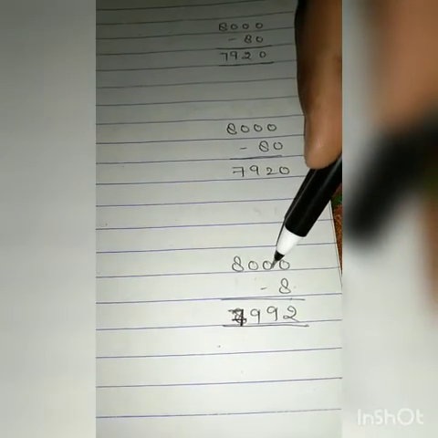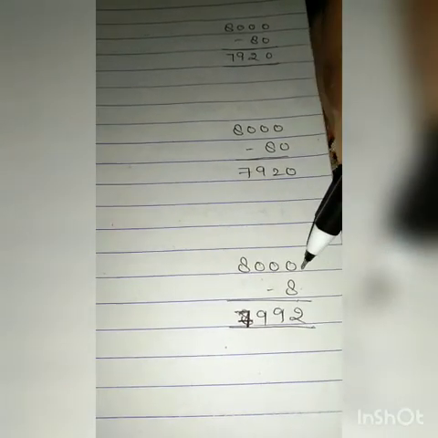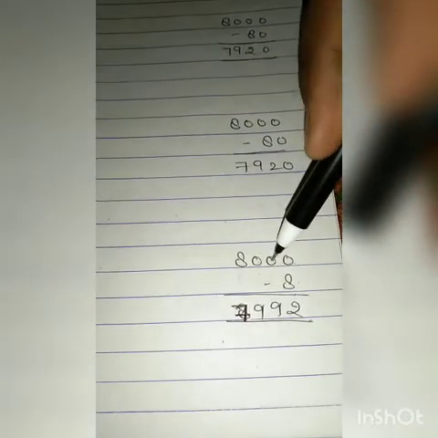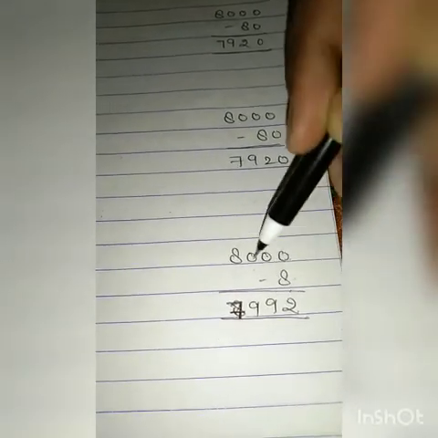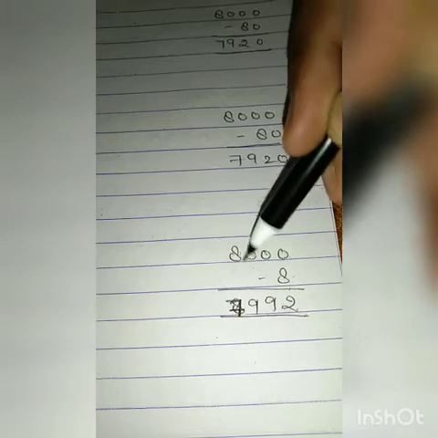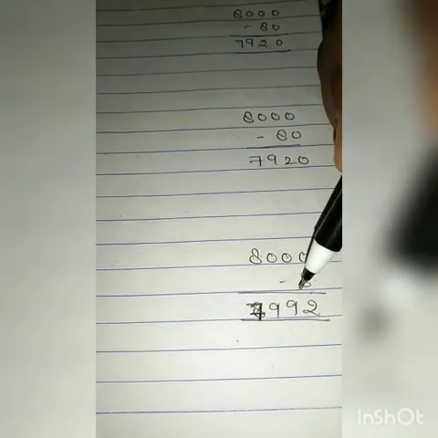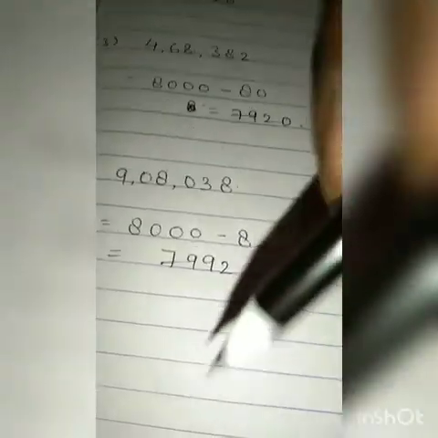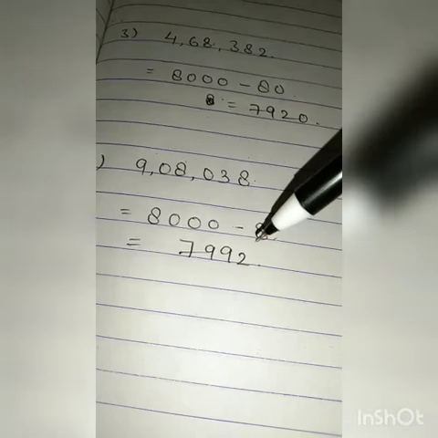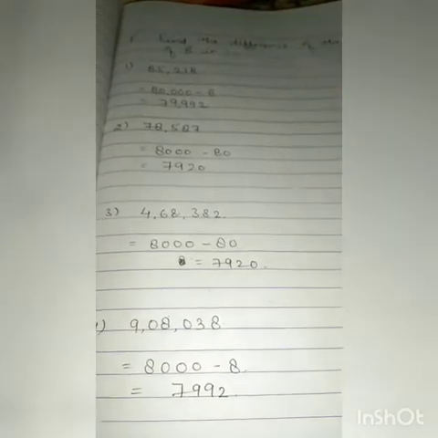This 10 will give 1 to this 0, this will become 10 and this will remain 9. This 10 will give 1 to this 0, this will become 10 and this will remain 9. Now 10 minus 8 will be 2, 9 will be 9, 9 will be 9 and 8 will remain 7. So we will write here 7. 7,992 will be the answer of 8,000 minus 8. As you can see here, it is written 7,992. So these are the 4 questions of question number F.